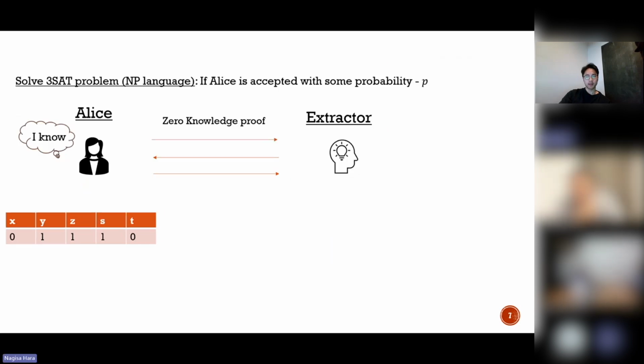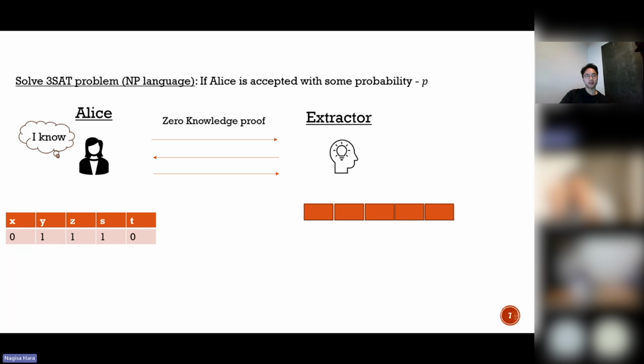So let's assume that the prover, Alice, is accepted by the verifier with some probability small p, and you want to see if Alice possesses the witness. So let's replace the server or verifier by an extractor. That is a kind of machine, and it can interact with Alice.